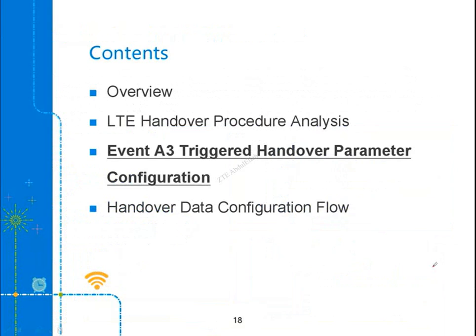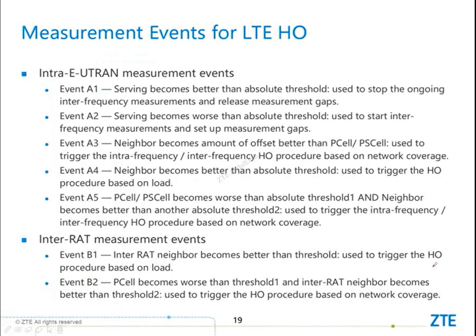Let's go to the third part, event A3 trigger handover parameter configuration. Okay, this is the measurement event for LTE handover. As we know, LTE handover is divided into intra-LTE handover and inter-RAT handover. For intra-LTE handover, we can also say intra-frequency handover.